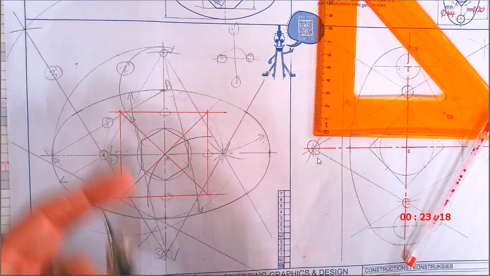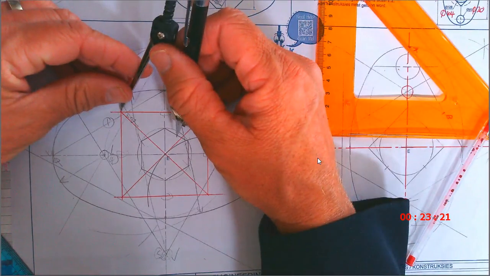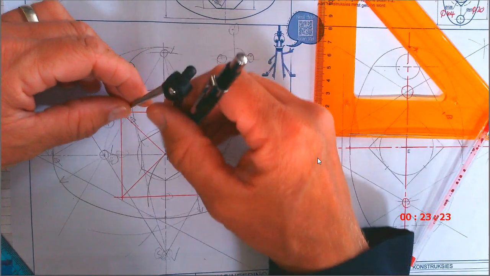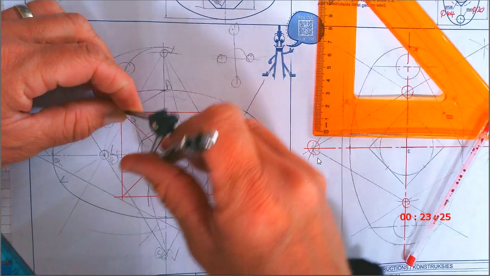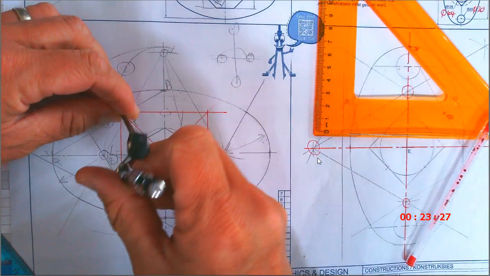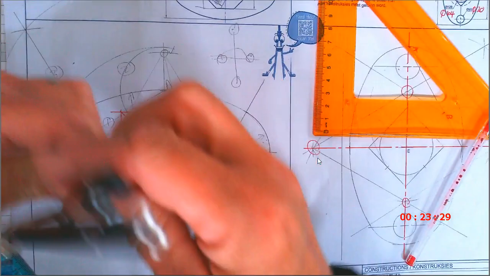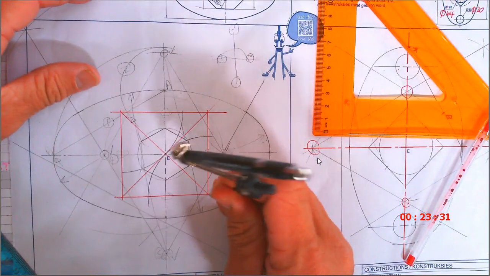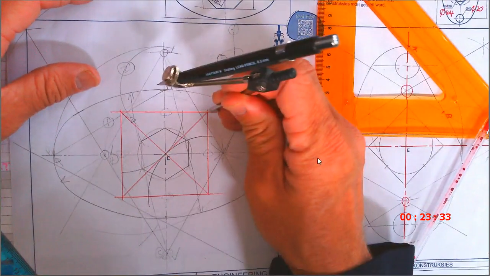Going to repeat it from this corner. Through the middle. Okay. Do the same thing on this corner. Rather there.